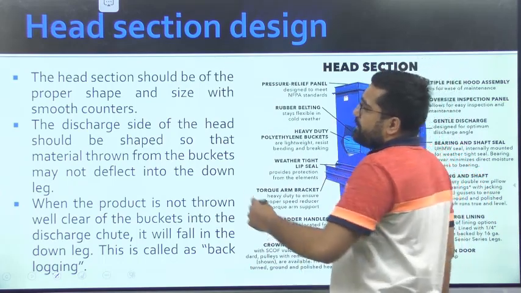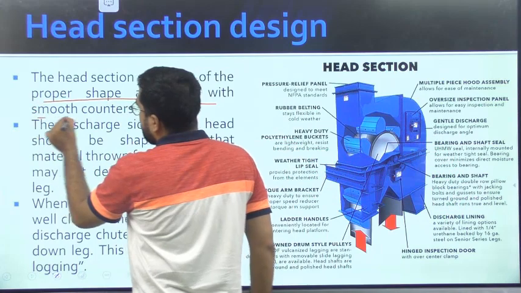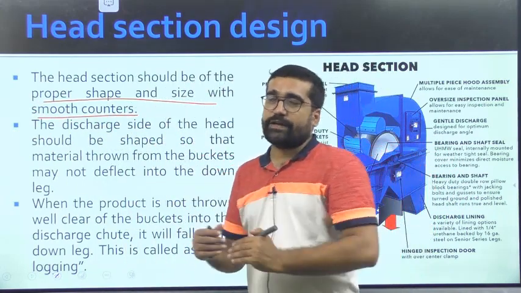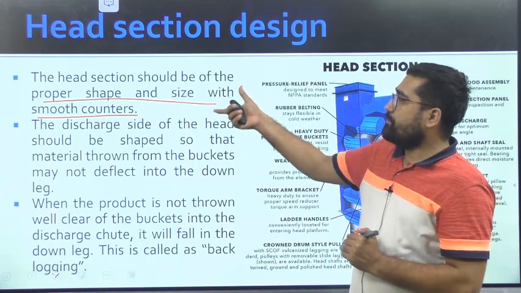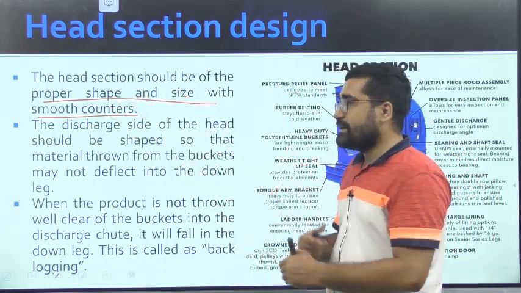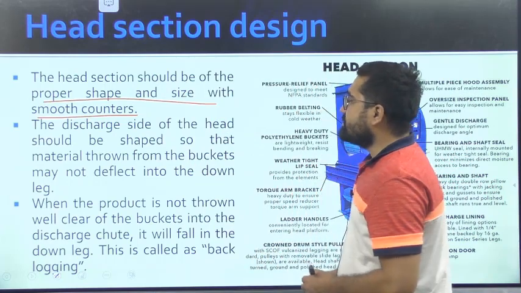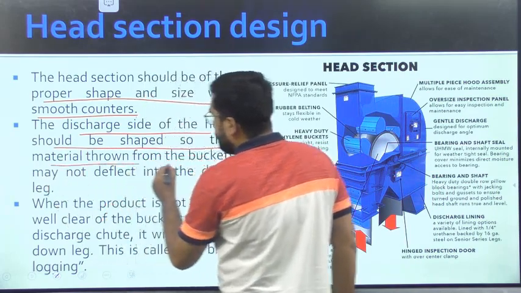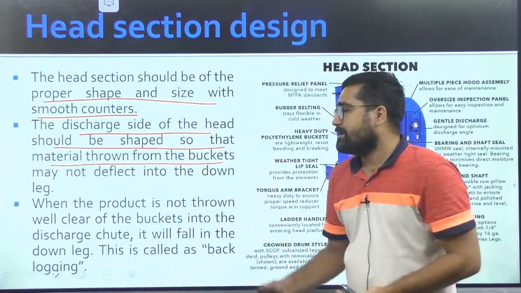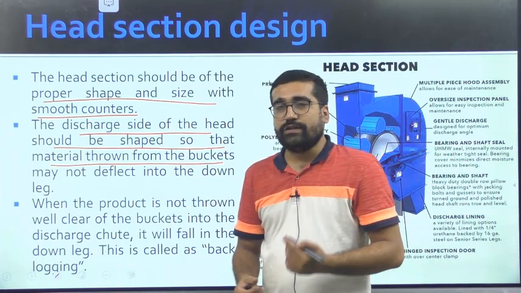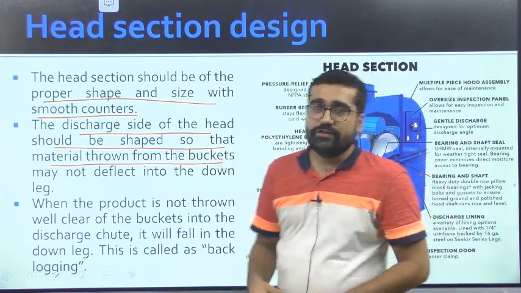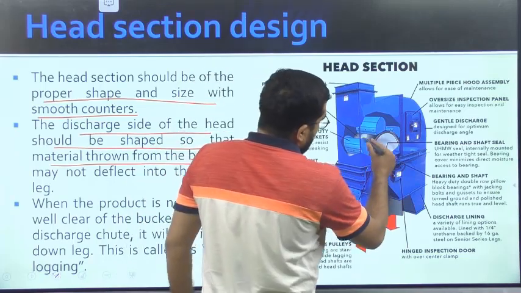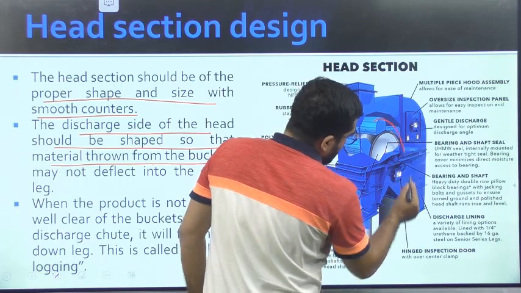It should be proper in shape and size, with smooth contours. The mechanism of working of the bucket elevator should be smooth, and the shape and size will be proper depending upon our requirements. The discharge side of the head should be shaped so that the material thrown from the bucket elevator may not deflect down to the legs. The design of this head should be such that the material shouldn't fall back.